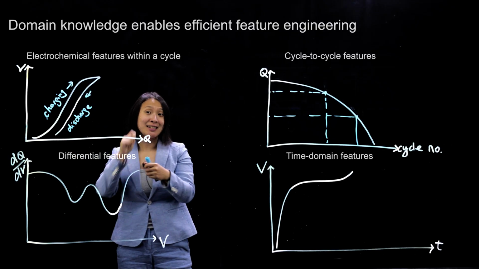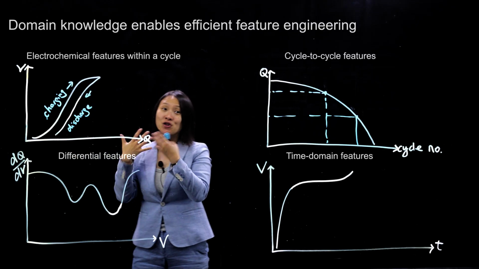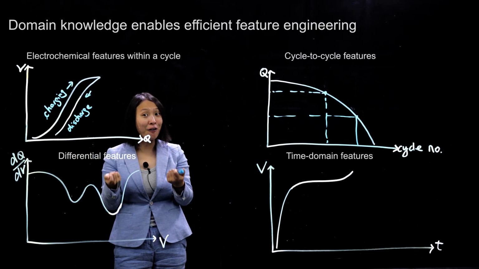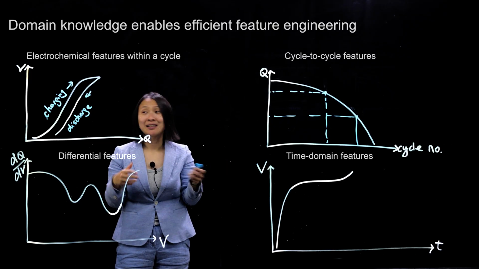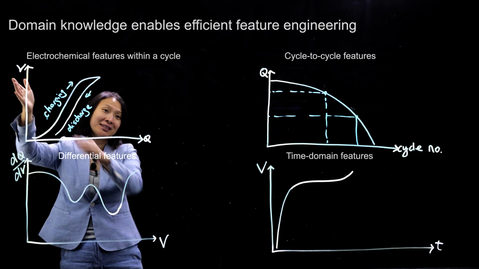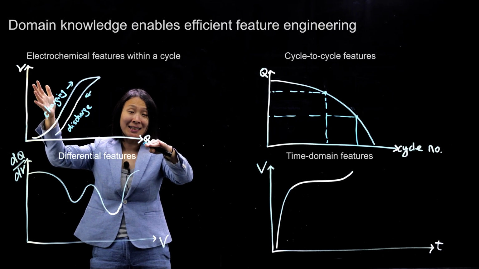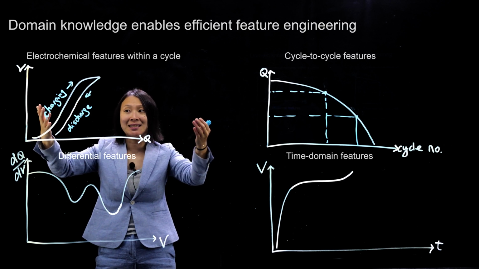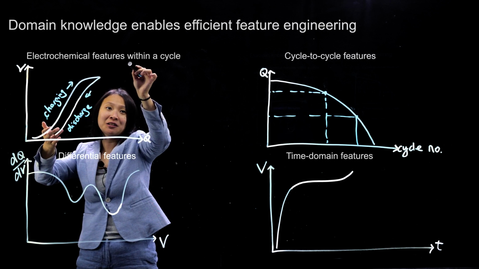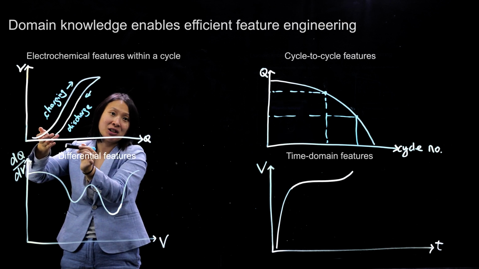If we consider just a single cycle, we can extract the electrochemical features from a cycling test. Here, we have the voltage as a function of capacity in one cycle of a battery test. We have our charging curve, and then we have our discharge curve.